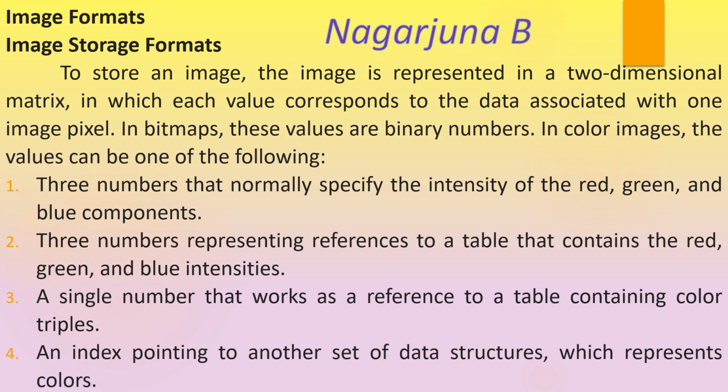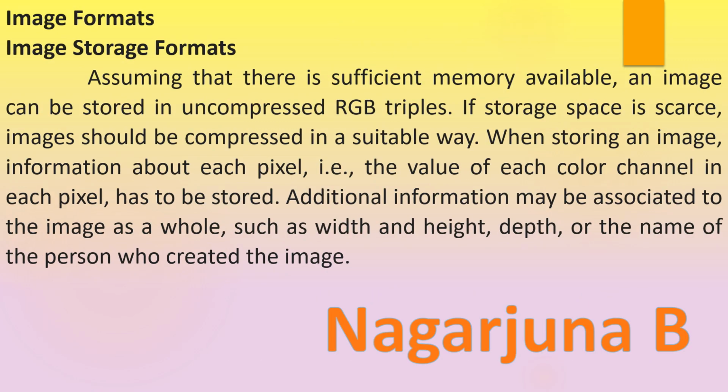Assuming that there is sufficient memory available, an image can be stored in uncompressed form, that is RGB triplets, the red, green, blue color intensities, can also be stored in an uncompressed format.